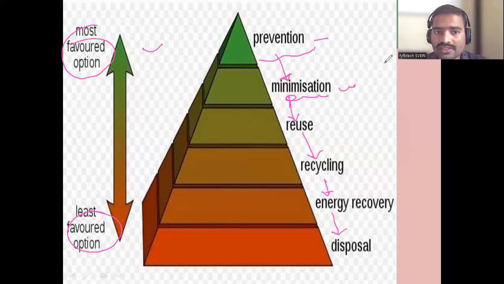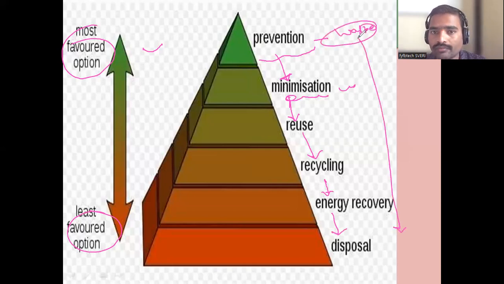Whatever waste is generated, you should not bring it to the disposal point at once. First try to stop waste formation and prevent it. If that is not possible, try minimum quantity production. After that, reuse, then recycling, then recovery.